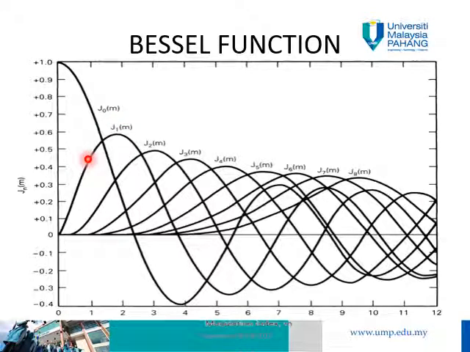J0 is 0.75 here, and J2 is around 0.1 here, and the rest is not important. The rest, J3, J4, is not significant when the modulation index is equal to 1. So that is the way we read this chart, this graph.